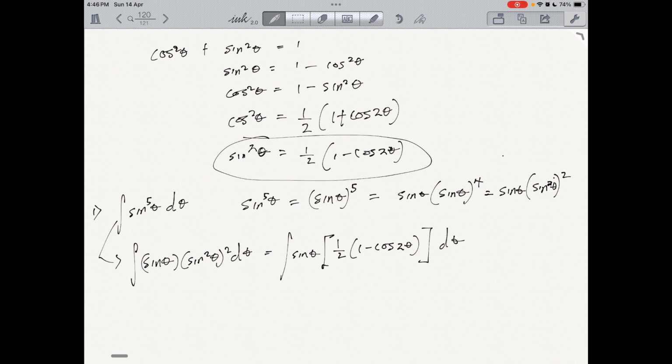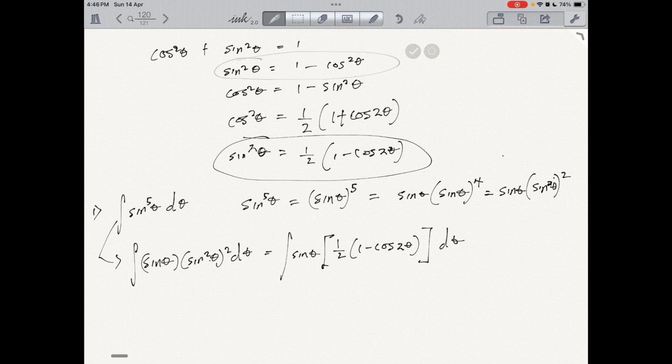Now, we notice that if we go via this route, it might be quite impossible to solve it. However, what if we make our substitution of sine squared theta in terms of 1 minus cos squared theta?